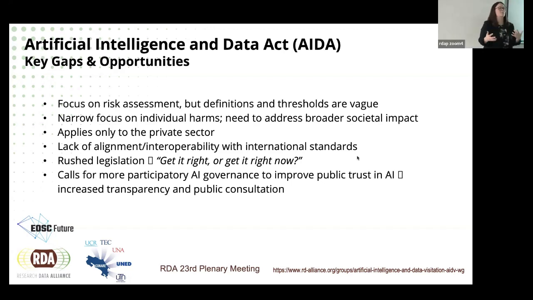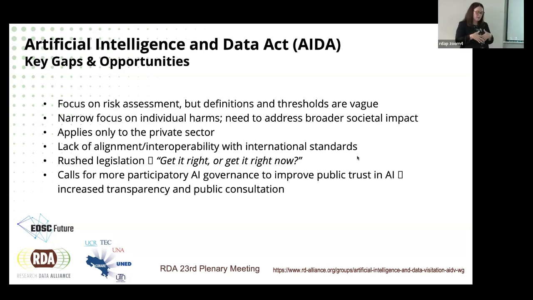So there's a lot of wiggle room there, and it'll be interesting to see how that gets materialized in the months to come. Also, others have criticized the Act for having too narrow a focus on individual harms and the need to really address broader societal impacts of AI. It also only applies to the private sector, so that's a key gap. There have been critiques claiming lack of alignment and interoperability with international standards.